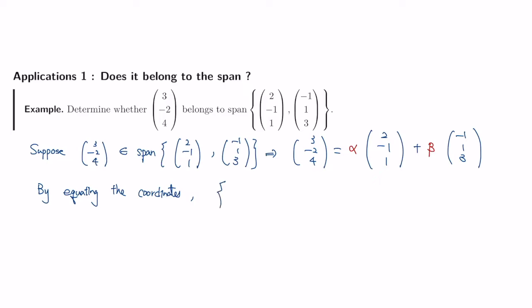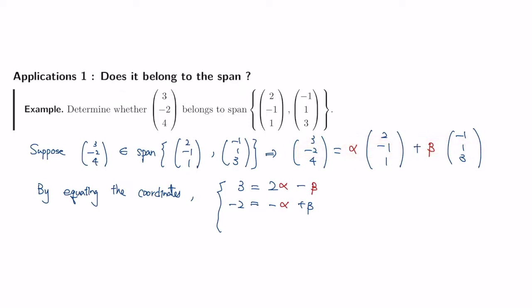The system of equations that we obtain has the form: firstly, 3 equals alpha times 2 plus beta times -1. So 2 alpha minus beta. And then the second equation will be -2 equals -alpha plus beta.